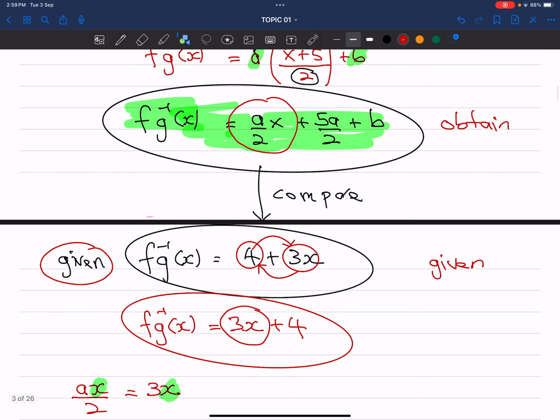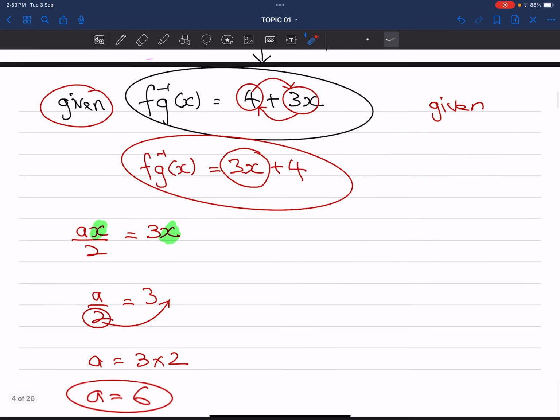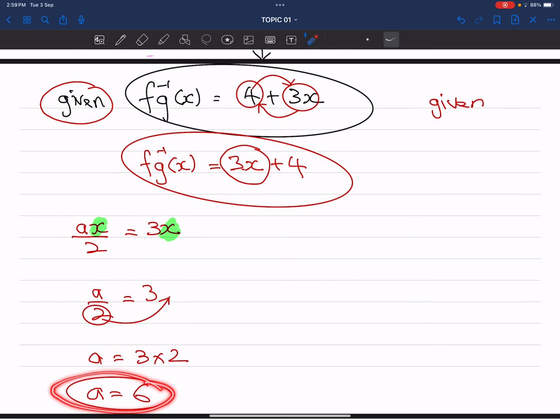Okay, now we look at the second thing. The second term here combined with the second term there. Just now, a over 2 x with 3x, term involving x with term involving x. So the balance 4 must be the same as the balance here. A is 6.